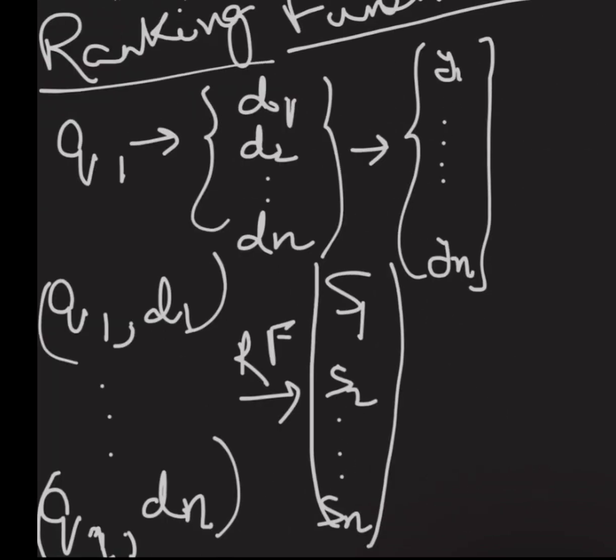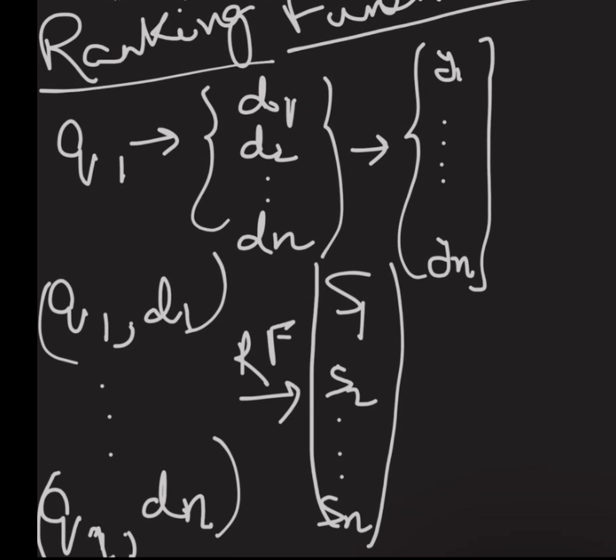Next, the ranking function. The author suggested a neural network based ranking function. For a given query q1, there are n documents d1 up to dn, and the ground truth labels are denoted as y1 up to yn.